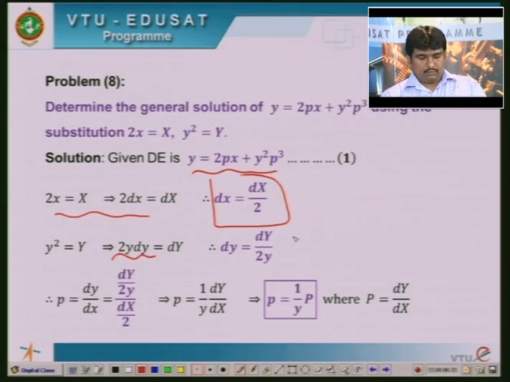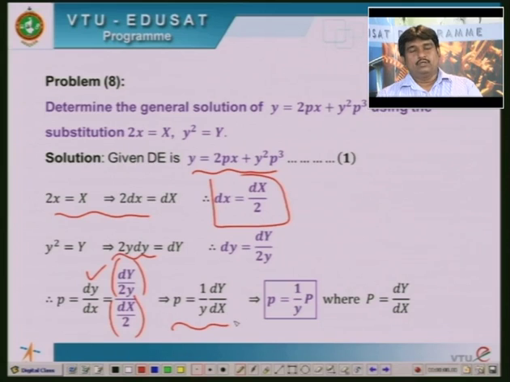We know that p equals dy by dx. dy is d capital Y divided by 2y and dx is d capital X by 2.